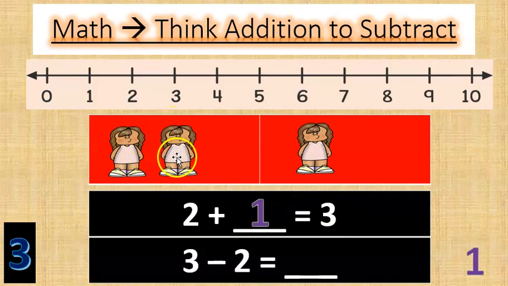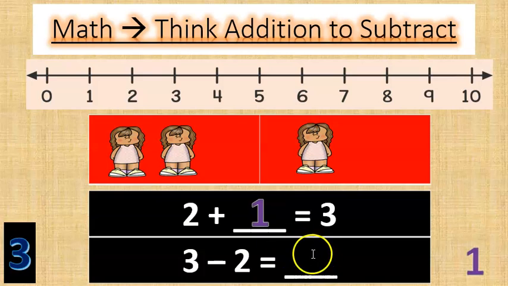1, 2, 3. Now, let's come to our subtraction equation. Let's read it first. Read with me. 3 minus 2 equals blank. Let's read it again. 3 minus 2 equals blank.